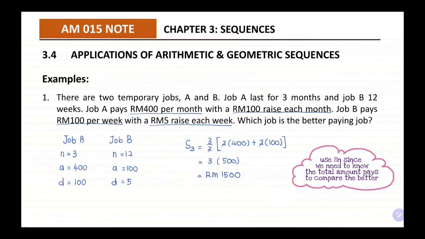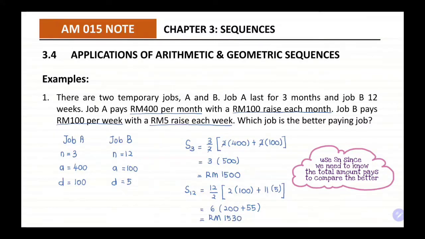Now we find for job B. Job B lasts for 12 weeks, so S12. So 12 over 2 times 2a, a is 100, plus n minus 1, so 11d. Then we calculate 6 times 200 plus 55. Then we get the total RM 1530.